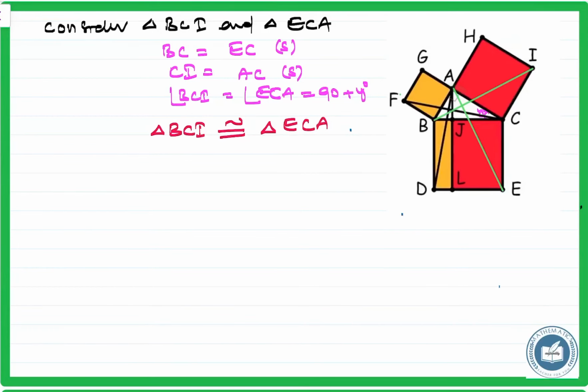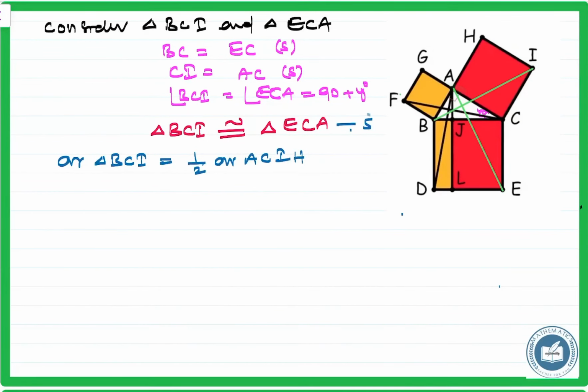Now according to the previous knowledge, the area of triangle BCI is half of the area of square ACIH, since this triangle and the square are on the same base and between the same parallel lines. So BCI is half of the area of ACIH.